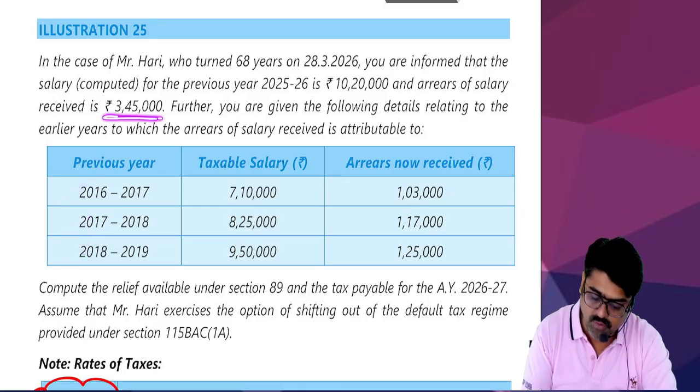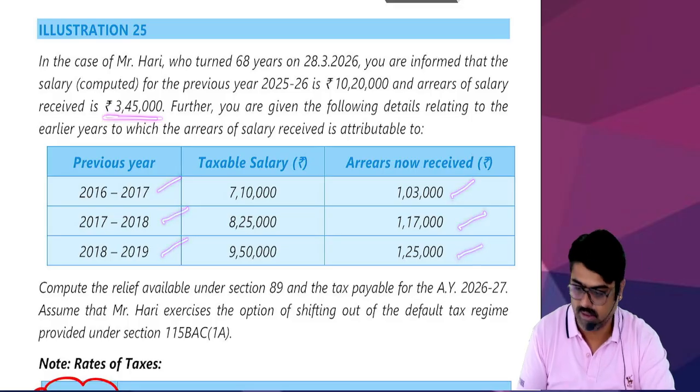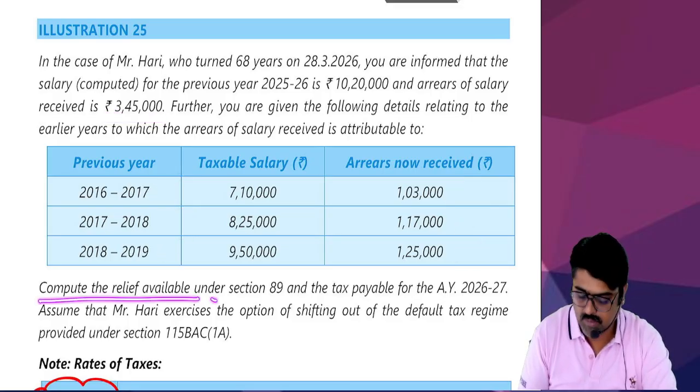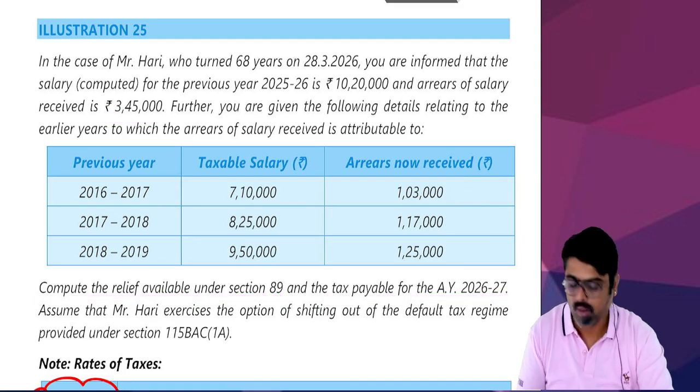Out of 3,45,000, 1,03,000 relates to 16-17, 1,17,000 relates to 17-18 and 1,25,000 relates to 18-19. Compute the relief available under section 89 and tax payable for the assessment year 26-27.